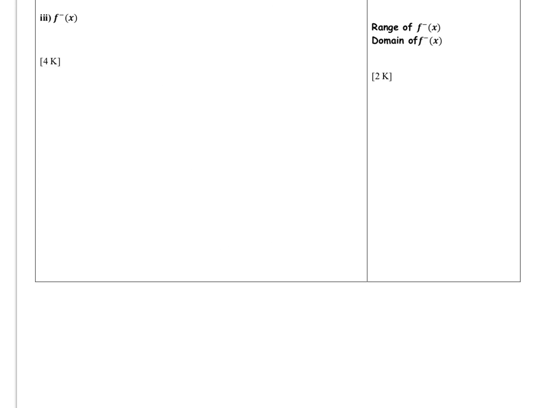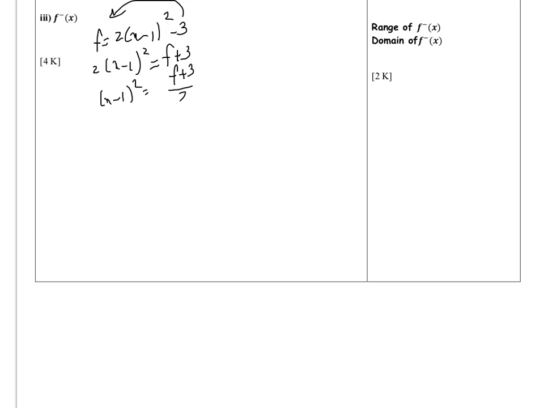The next equation is to find the inverse of f of x. We know that f of x was given by 2 times x minus 1 squared minus 3. So I have to isolate x. I'm going to bring negative 3 to the left. I get 2 times x minus 1 squared is equal to f plus 3. So x minus 1 squared is f plus 3 over 2.